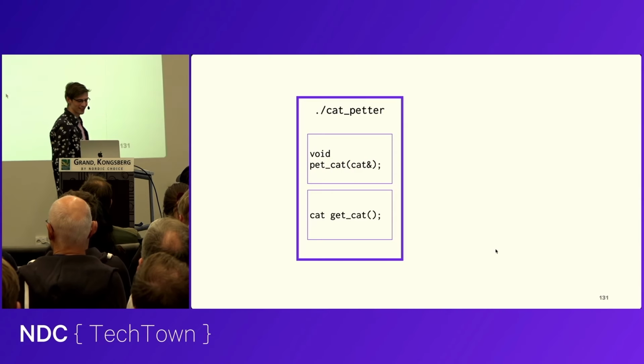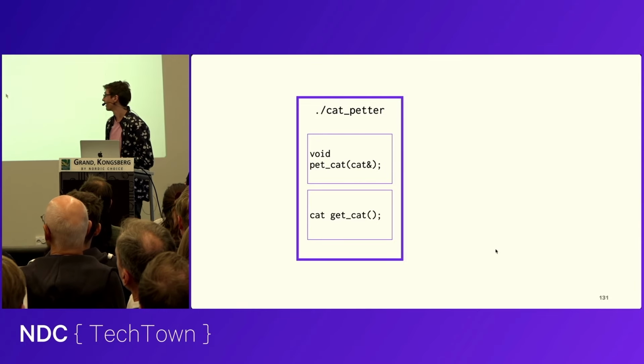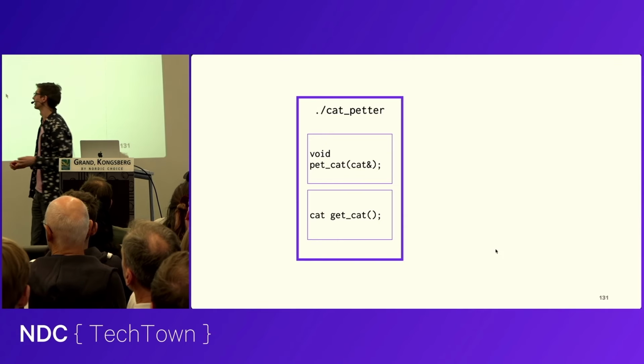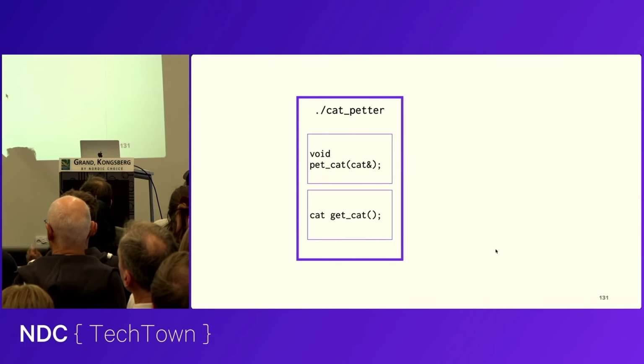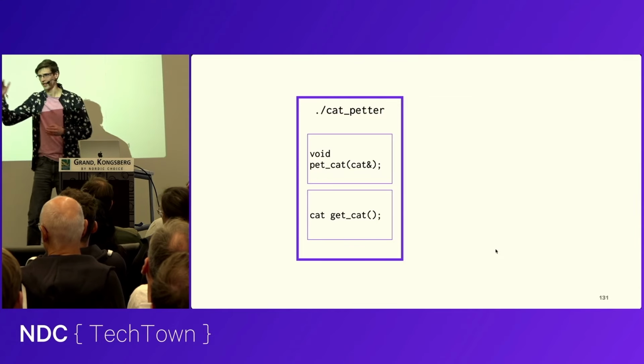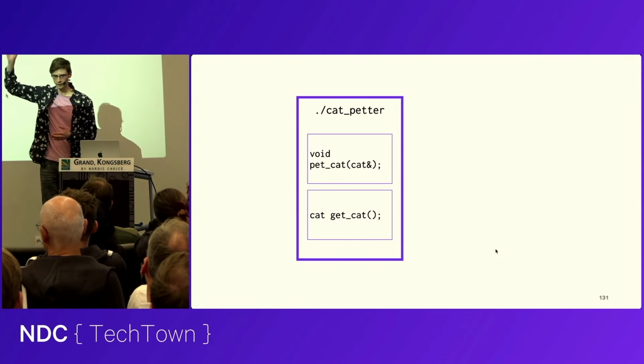So say we've got an executable like this, cat petter. It's got a function called petCat and a function called getCat. Now probably petCat has to get a cat first, so this is going to call that, and all of our stack unwinding and things like that would just work.